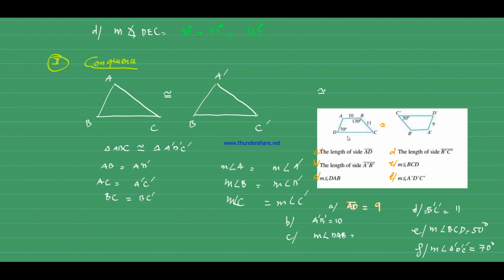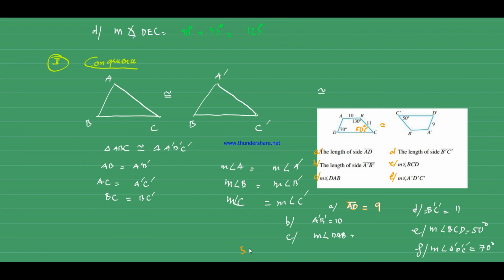And DAB, so this one right here becomes congruent, so this will be 50. In order to find angle DAB over here, we can use the property that the sum of the interior angles of a quadrilateral is 360.